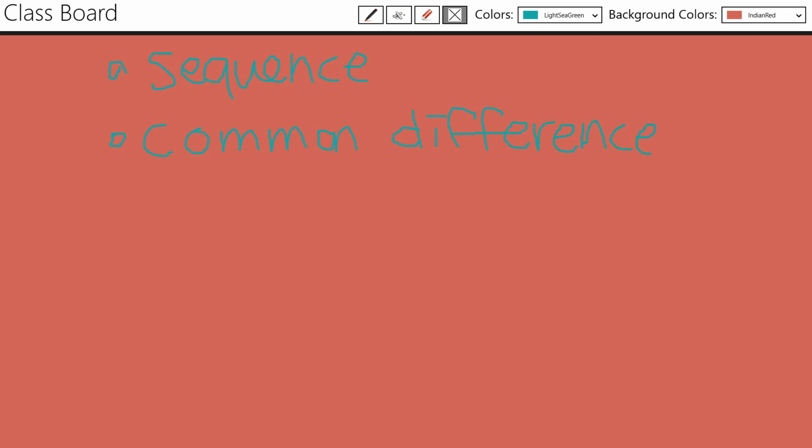And what else did we learn? We learned what term means. And we learned how to note a sub 1, a sub 2, and it just keeps on going, right, if it's infinite. And we also had finite and infinite sequences.